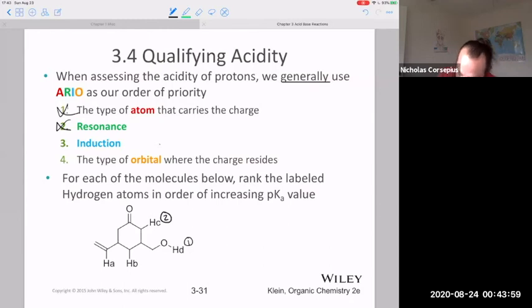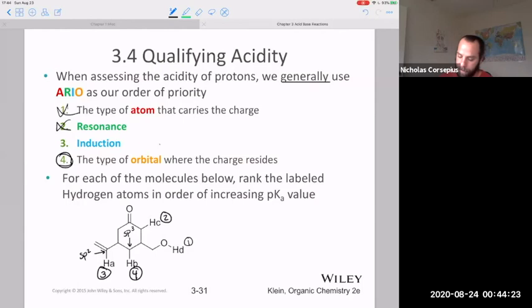So then we get to the orbital type here. This carbon is in an sp2 hybridized orbital, whereas this carbon is sp3 hybridized. So that would make this the next most acidic proton. And then finally, hydrogen D is the least acidic proton.